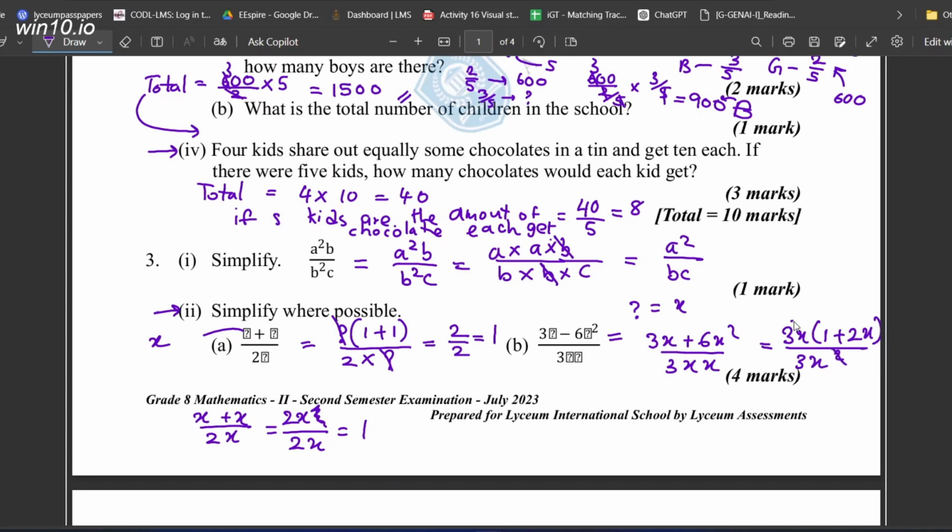So x and this x, 3 and 3 can be cancelled out. 1 plus 2x over x is the answer. If I convert it back into question marks, it would be 1 plus 2 question mark over question mark. Okay.